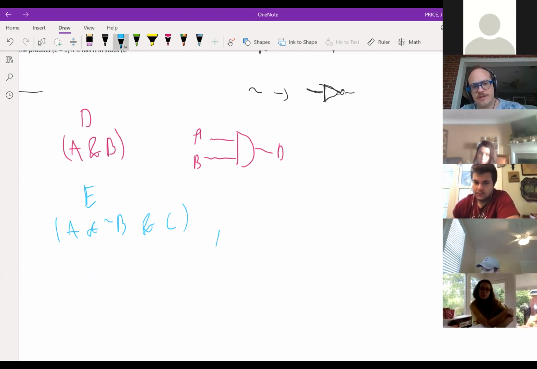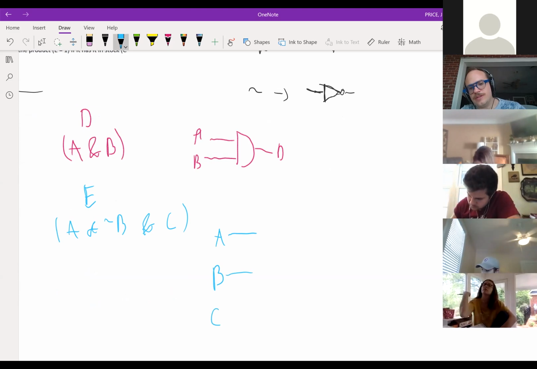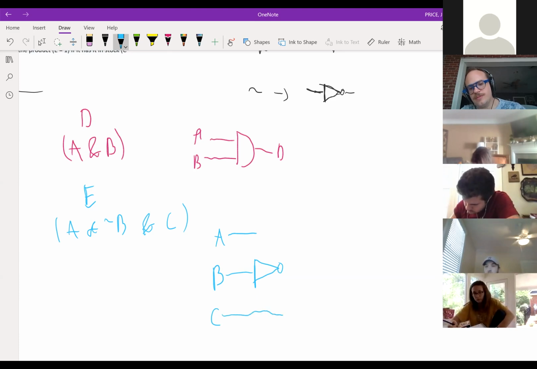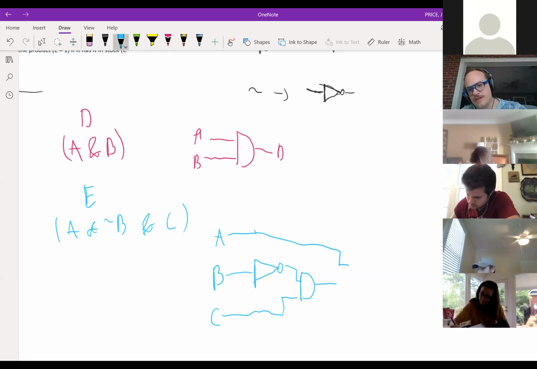So we've got inputs A, B, and C. B is connected to a NOT gate. The rest are not. Let's put B and C through an AND gate first. And then A is attached to this AND gate.